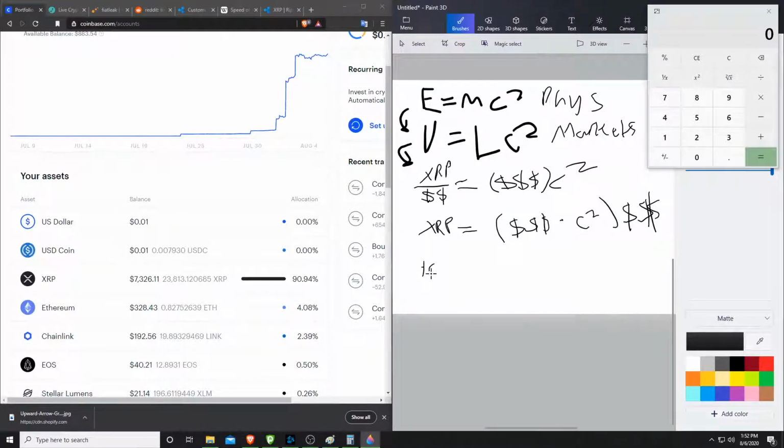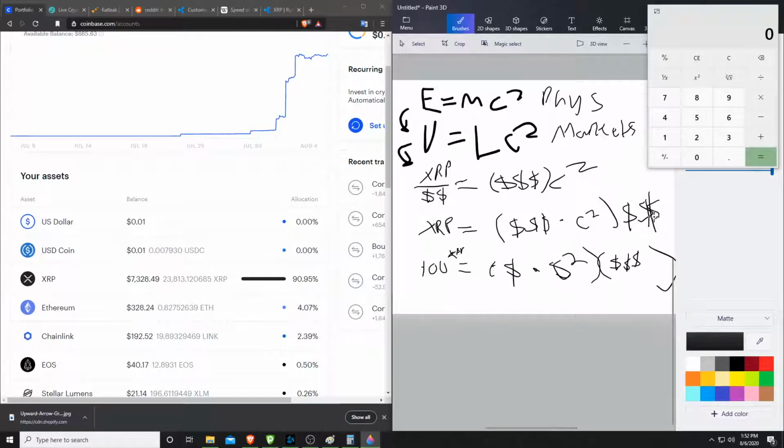100 XRP, and we know that since XRP of today is worth 31 cents apiece, so 100 XRP, I can't even write it, will be equal to the dollar bill times the speed of light squared times the amount of the dollar bill that we have subsequently multiplied through the equation.